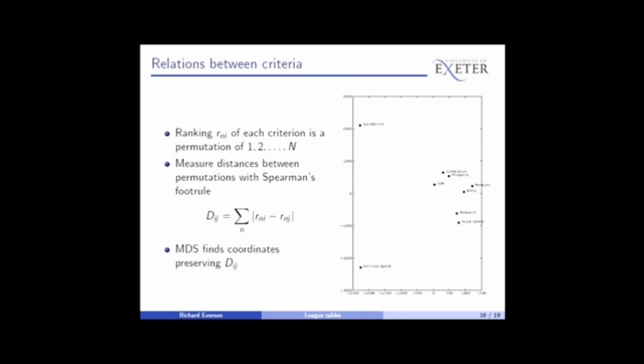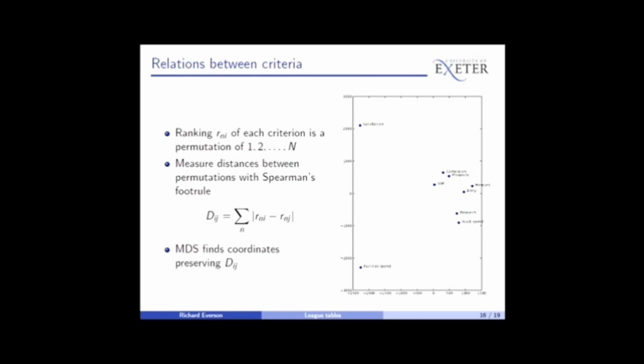The last thing that I'll briefly talk about, am I all right for time? A couple of minutes, okay. We can also look at the relationships between the criteria on which the data have been evaluated. And that can be done, again, by defining a distance between those criteria.